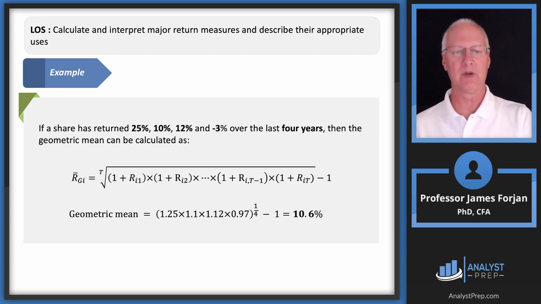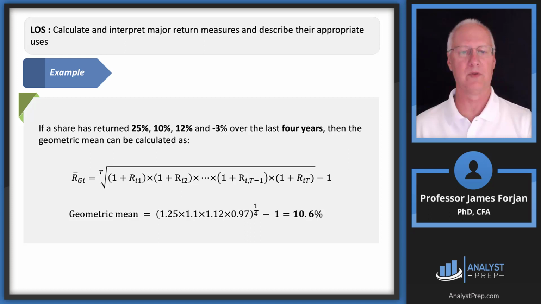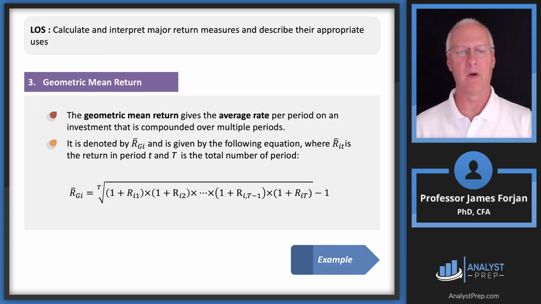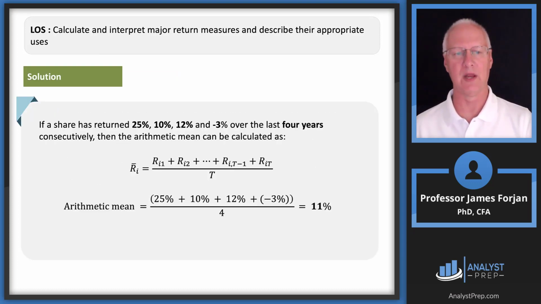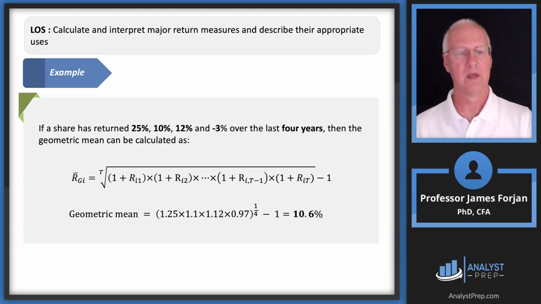And so the geometric return from that example just a few moments ago is 10.6%. Notice that we raise it to the 1/4 because it is 4 periods. Now, what was that return back here? 11%. So the arithmetic mean, 11%. The geometric mean is less, 10.6%.